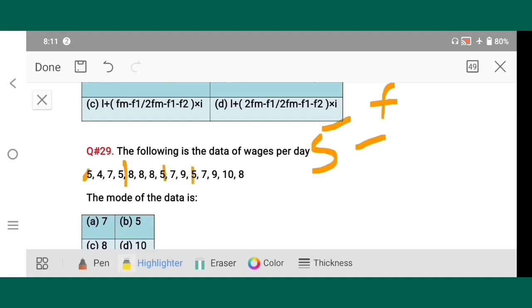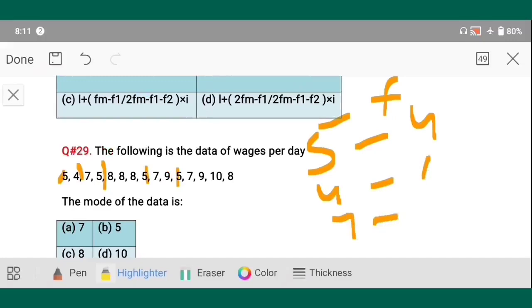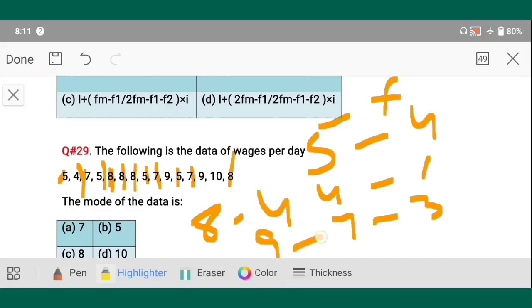So the frequency of 5 is 4 times, and then the frequency of 4 is 1. 7 has frequency 1, 2, 3, and 8 has frequency 1, 2, 3, 4, and 9 has frequency 2, and 10 has frequency 1.